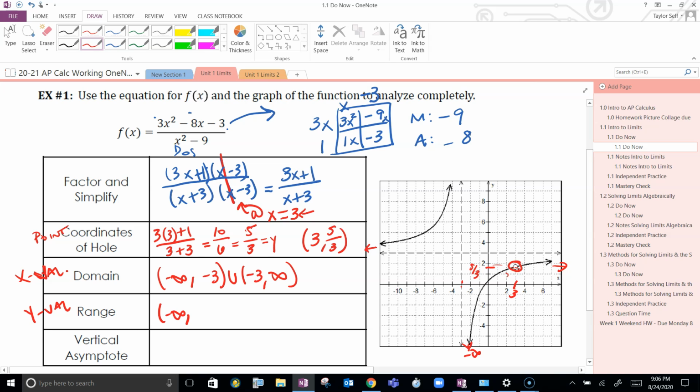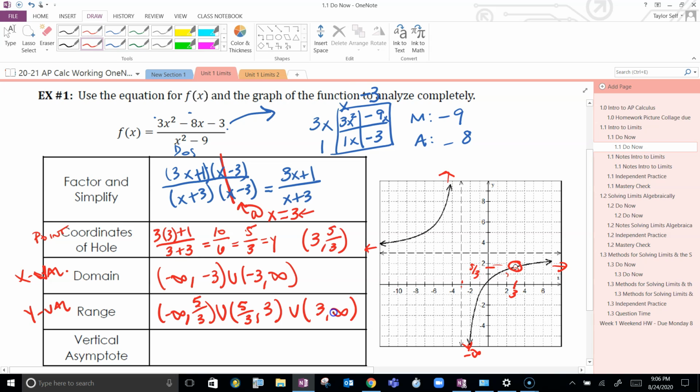So we have to stop at 5/3, union, and from 5/3, now we say how high do we go to the asymptote? Up to 3. And going back to the asymptote, 3 to infinity.